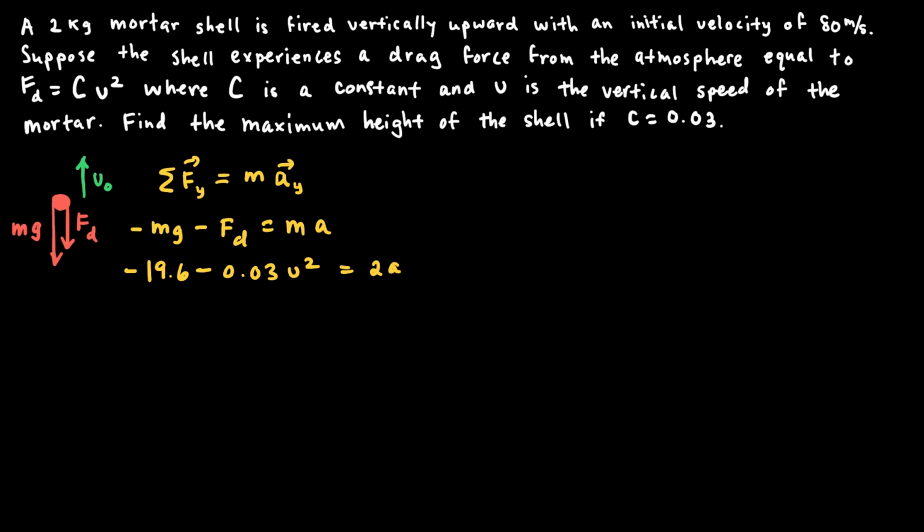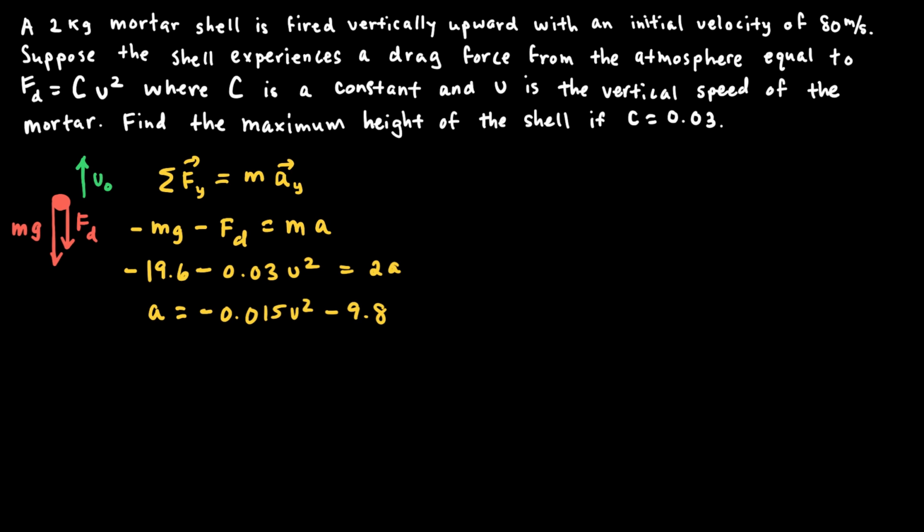I'm just plugging in and simplifying as much as I possibly can here in order to get an equation that I can work with. And so if I divide both sides of the equation by 2, then I get that the acceleration of this mortar shell is given by minus 0.015 v squared minus 9.8.